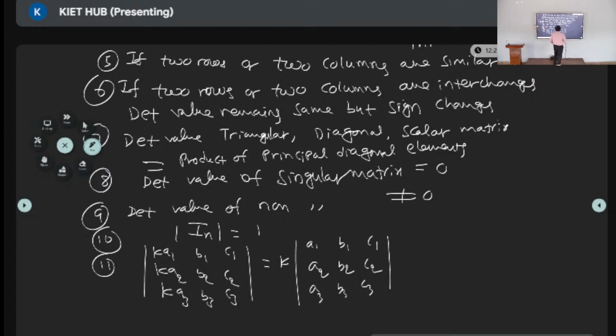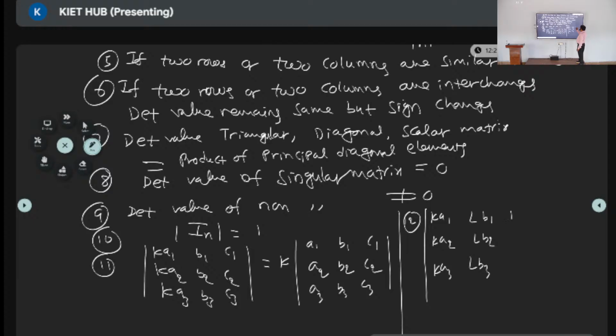12th property. KA1, KA2, KA3, LB1, LB2, LB3, MC1, MC2, MC3.